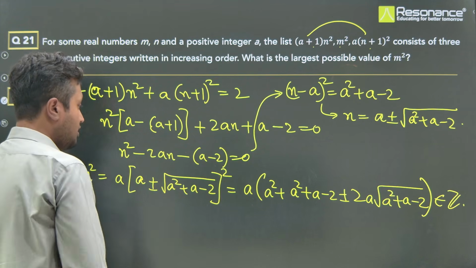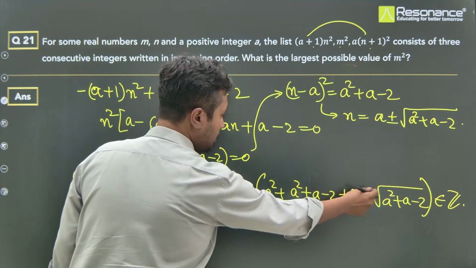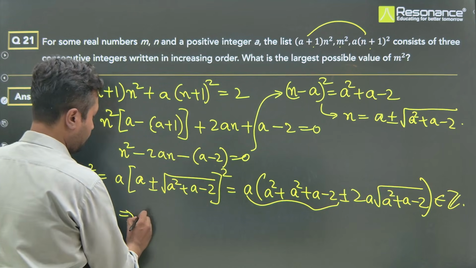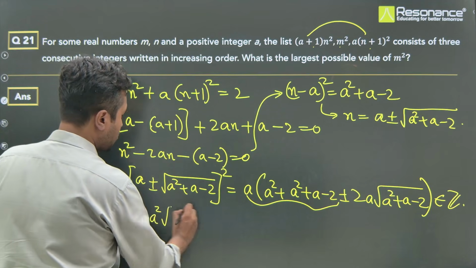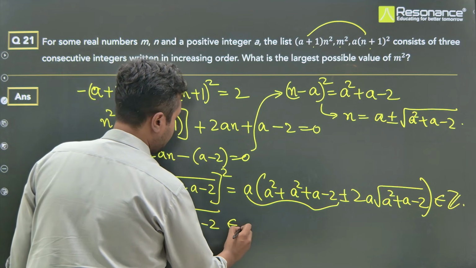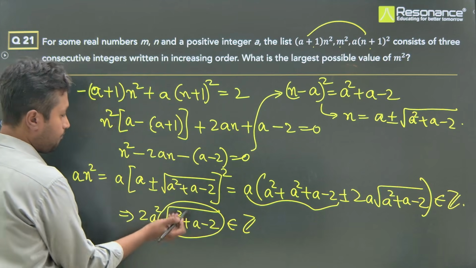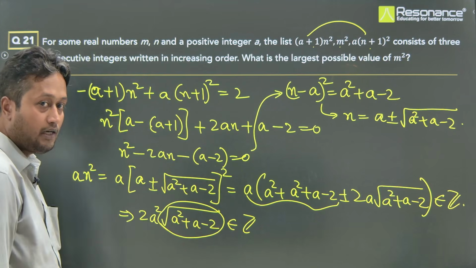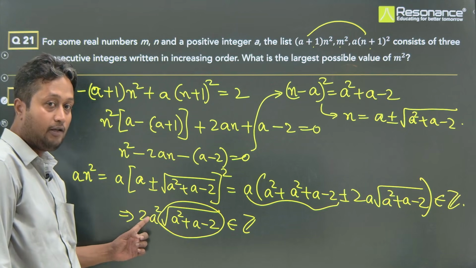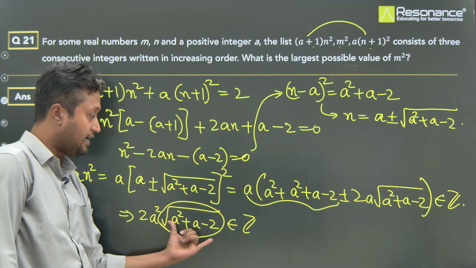That's good enough. So what do we have? All these things are anyway integers. So the remaining part must be an integer, meaning 2a square into the square root of a square plus a minus 2 must be an integer, which means this must be a rational number. Right? Because a is also given to be positive. We could wonder about whether a is 0, but that's not the case. A is a positive integer, so this must be a rational number.